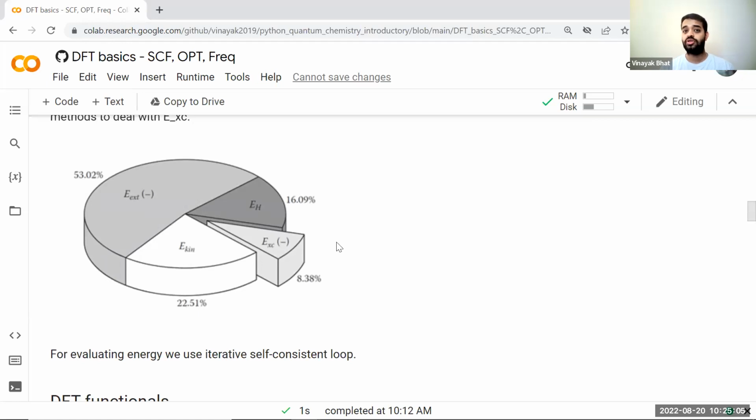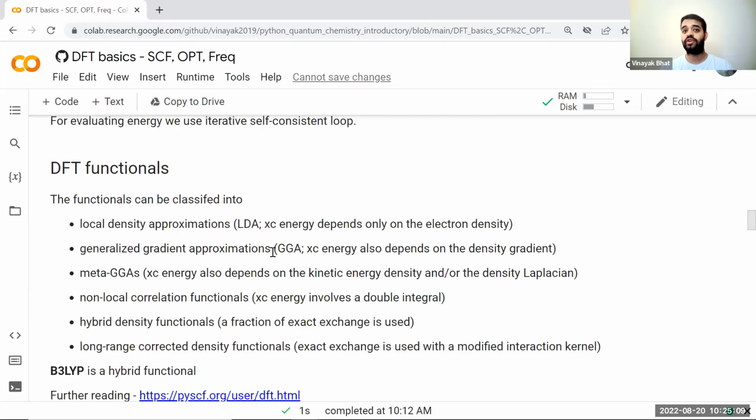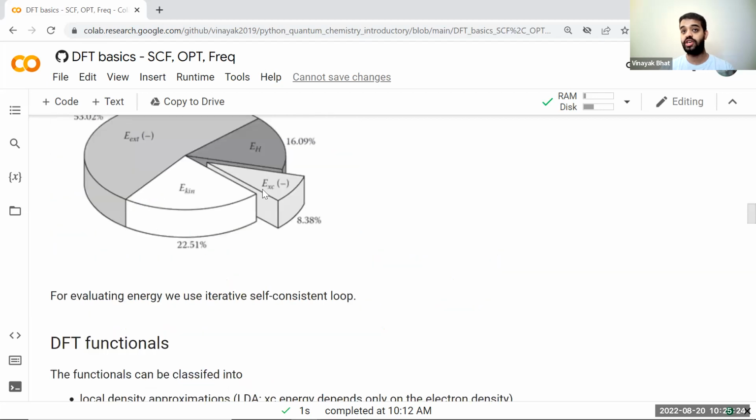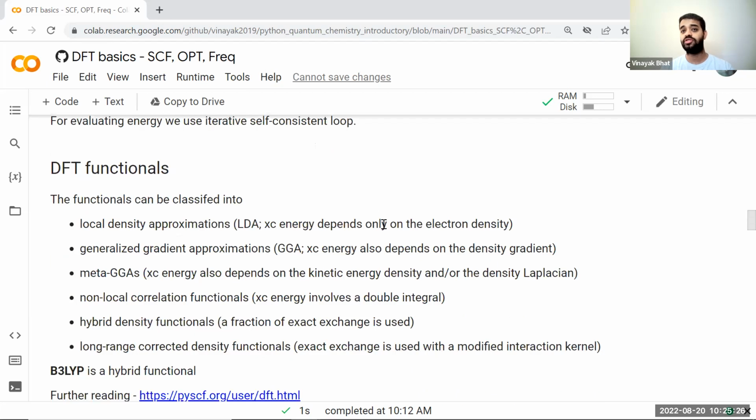Depending on how you solve exchange correlation, we have different functionals, and that's where the functional B3LYP was used. One way of doing it is just looking at the electron density. If the form of the exchange depends on just the electron density at a point, those are called LDA or local density approximations.